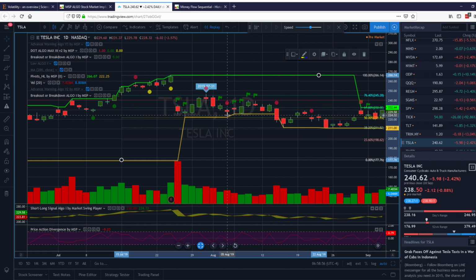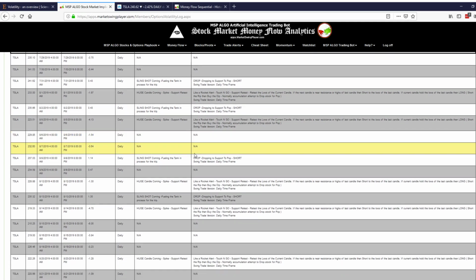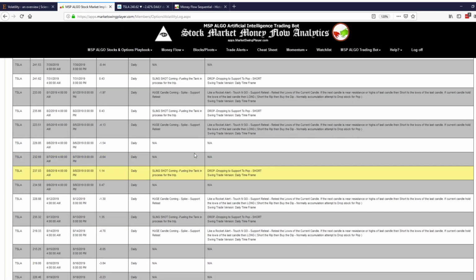And here I see a new pivot, so I really don't want to short yet. Okay? So it did bounce. So it bounced from 225 to 241, right back to that 244-ish area. And so on, and so on, and so on.